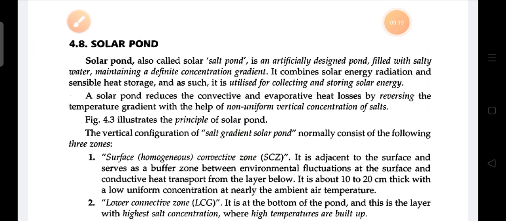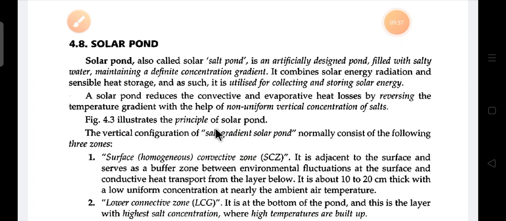Okay, solar rays are reflected, and the evaporation of water vapor loss is reduced by using the salt gradient in the solar pond.